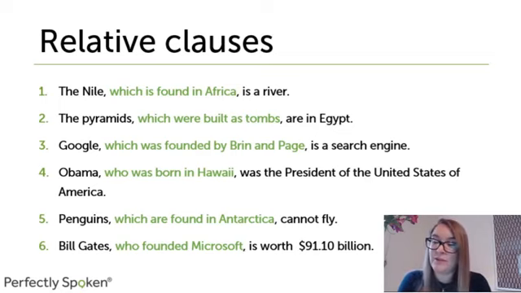Number 5, penguins, yes, they're animals, but we still refer to them as objects if you're choosing a pronoun. So penguins, which are found in Antarctica. So really well done if you correctly got those pronouns right, and hopefully you added in some interesting extra information.